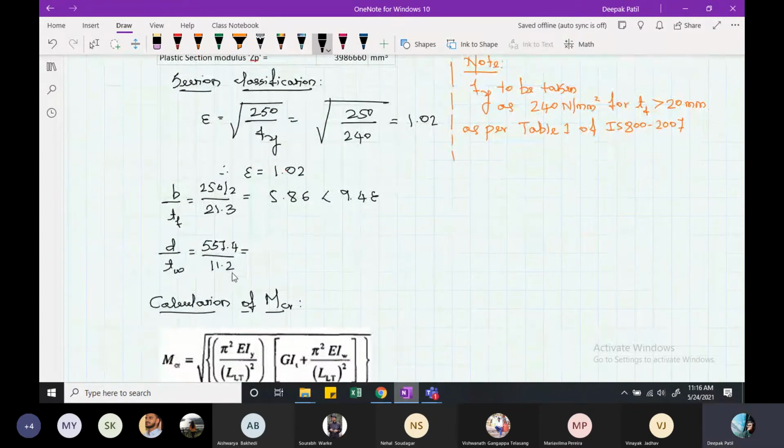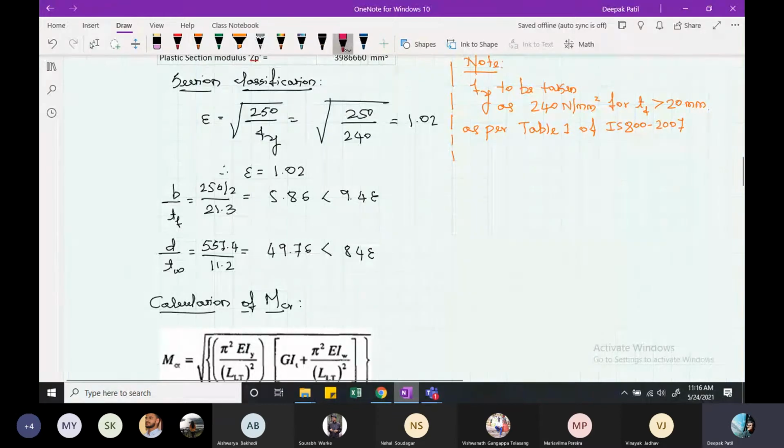So this divided by 11.2, you'll get 49.76, which will be obviously less than 84 epsilon. So from this, I can see that the section is a plastic section.